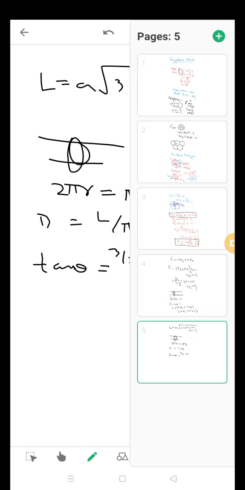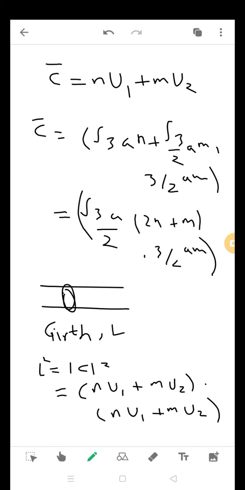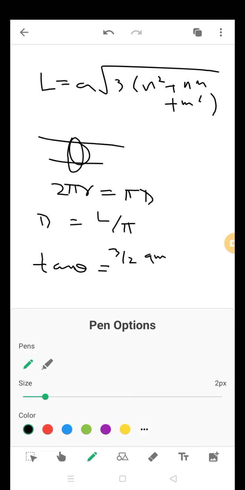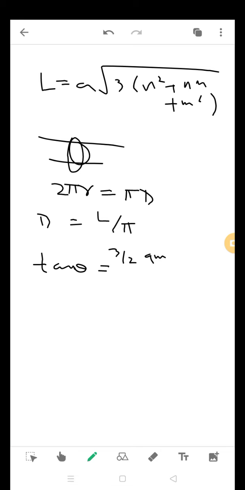Let's go see this one once again. So this is the y part, this is the x part. So we are doing y by x. So that is why it becomes 3 by 2 a m divided by root 3 a m plus 3 by 2 root 3 a n. This is not m, this is n. 3 by 2 a m.